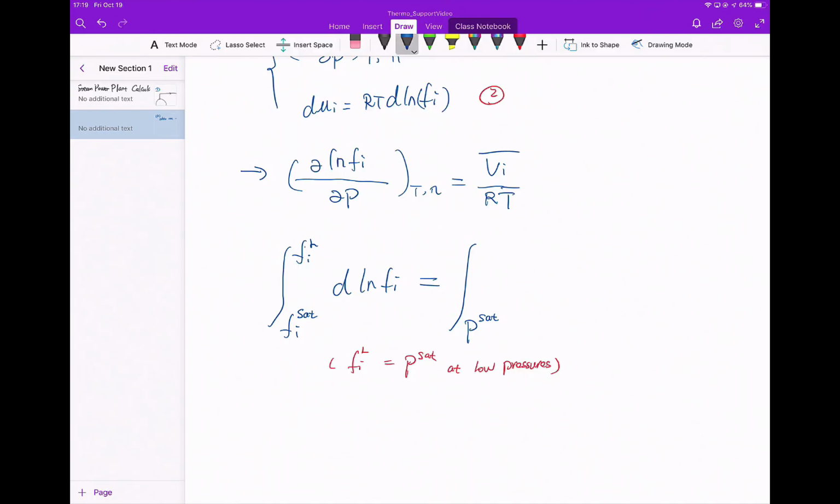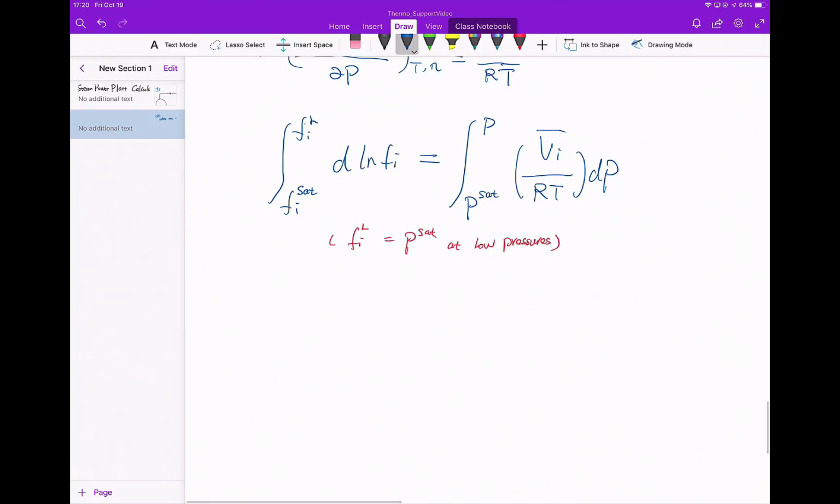So there I'm going to have a P set, and this is a high pressure. Then I'm going to have Vi, the liquid phase partial molar volume of the liquid component i, over RT dP.